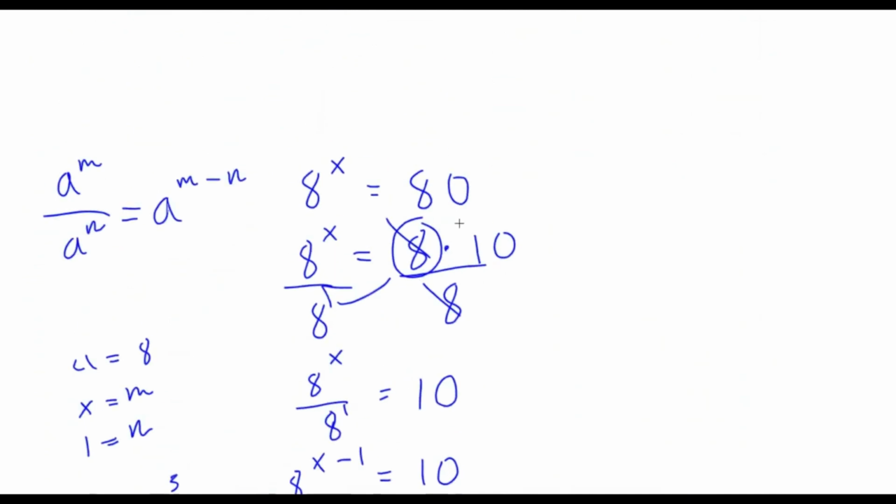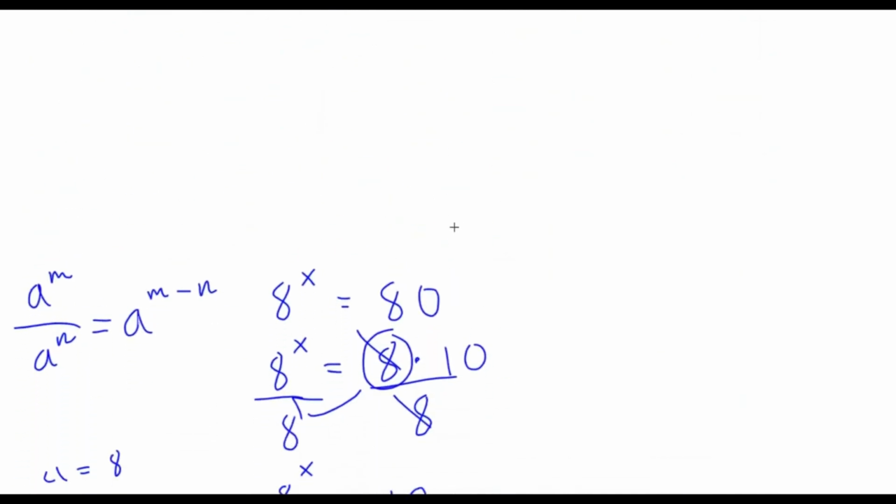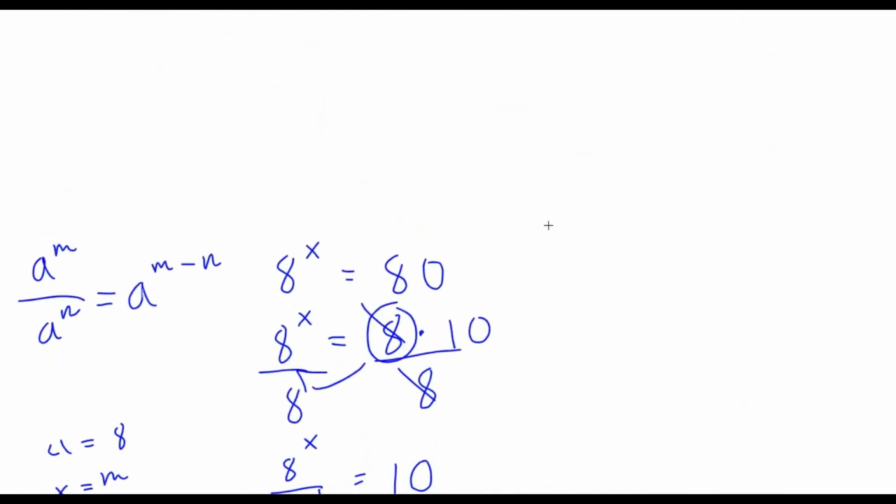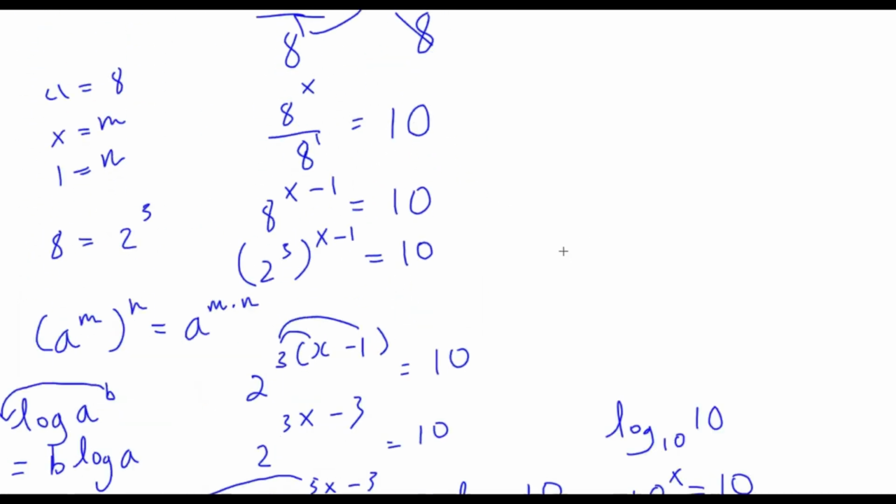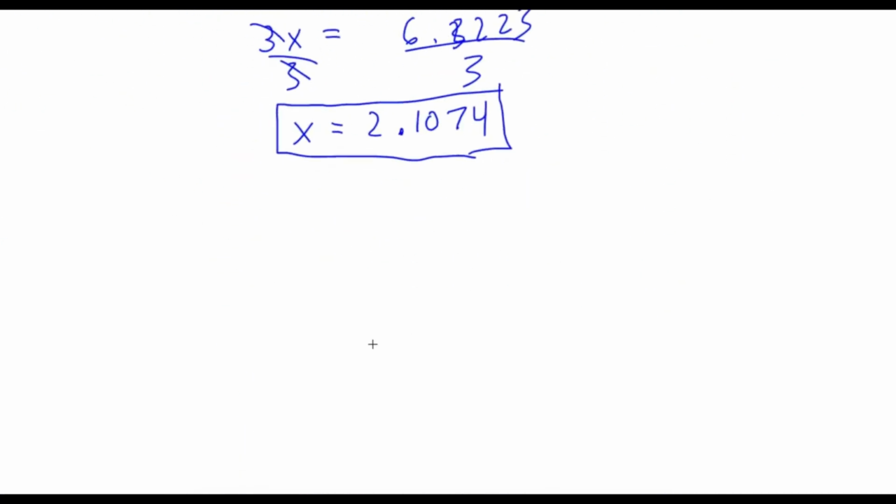And now, remember our original equation was 8 to the power of x is equal to 80. So if I plug in 2.104 into my calculator, so let's do 8 to the power of 2.104, let me plug that into my calculator.